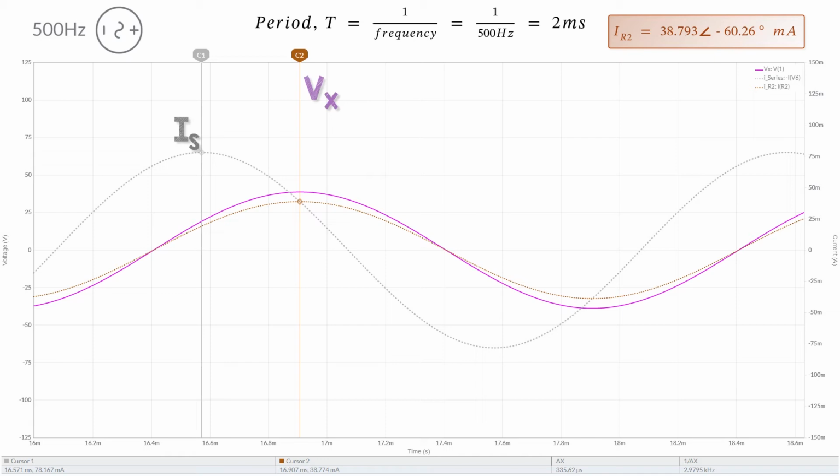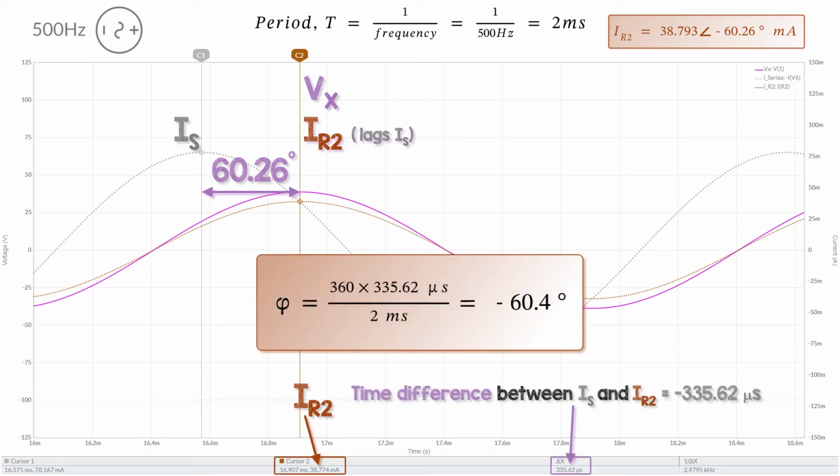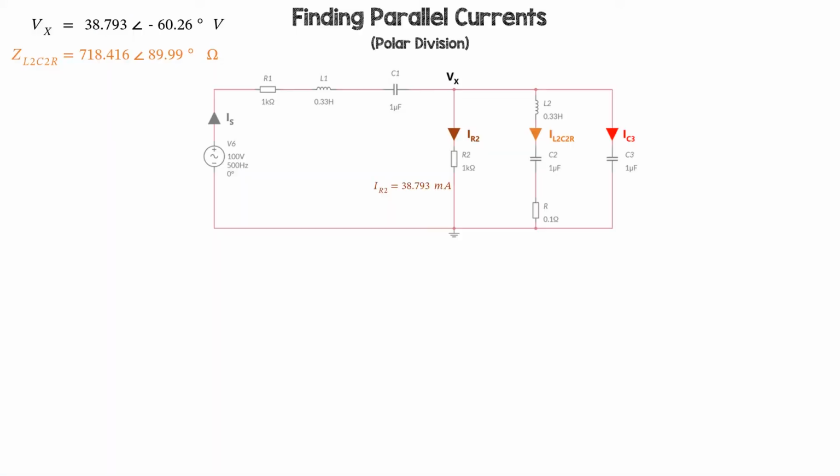And it's in phase with Vx because current and voltage are always in phase through a resistor. There's IR2's amount or magnitude, and using the formula we used earlier, that shows the phase difference, which is pretty good for observation.